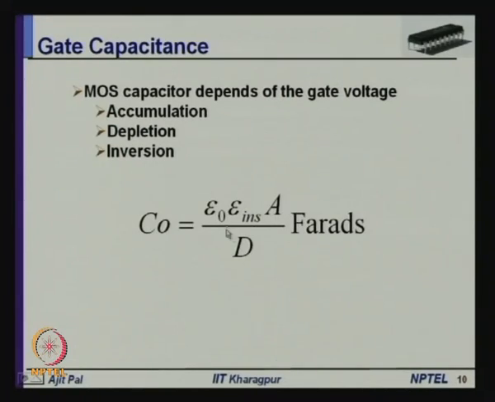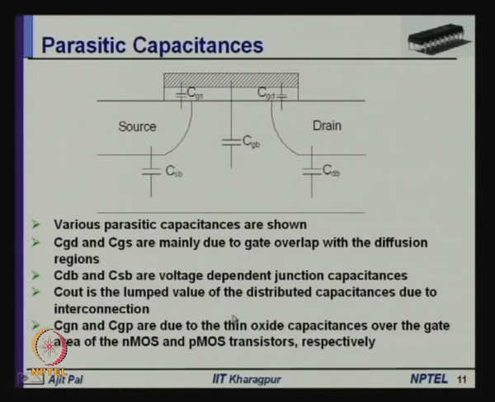The gate capacitance can be estimated as epsilon 0, the permittivity of free space, times epsilon INS, the insulator, that is silicon dioxide, typical value 3.9 as you have seen, times A, the area, that is length into width, divided by the thickness of the silicon dioxide. This is the typical value of gate capacitance, but again we shall see that this thickness will change, and that will lead to different values of gate capacitance as it goes from one mode to another.